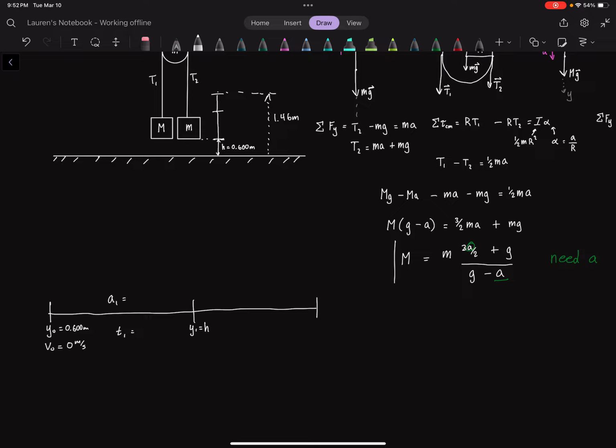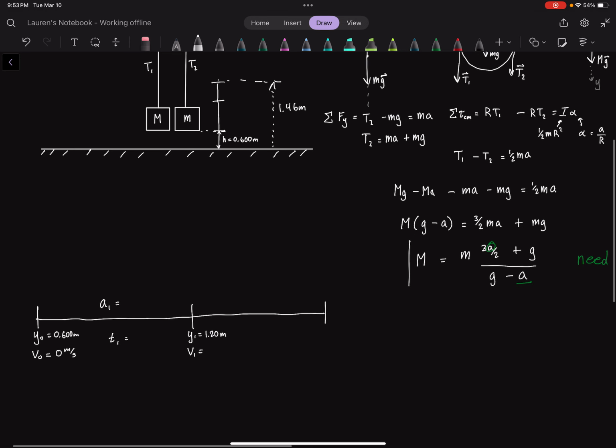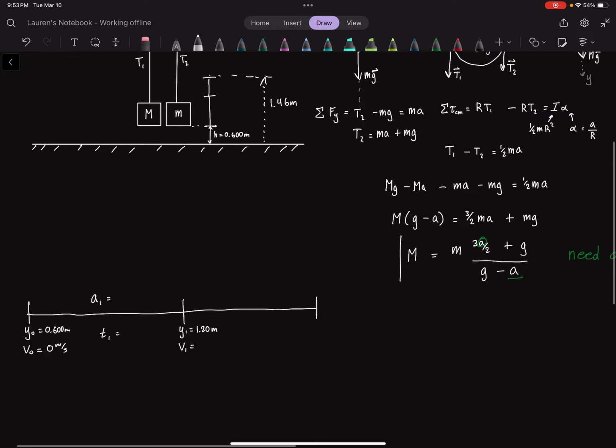Actually it's going to be 2h, since it's starting h off the ground. So 1.20 meters, right? Okay, and V1, I don't think we know V1. In the last problem that was what we were concerned with entirely, but right now I'm not even sure we need to know V1.